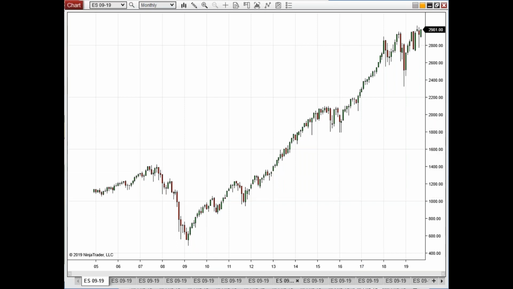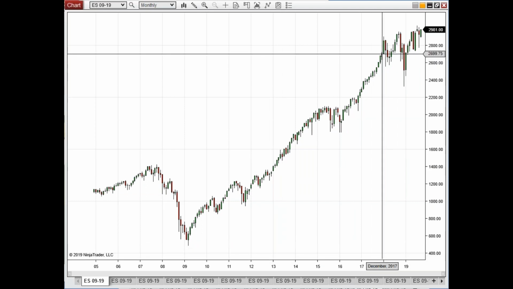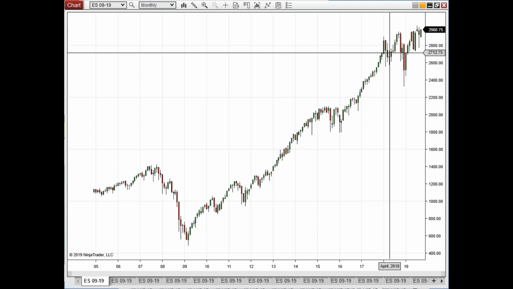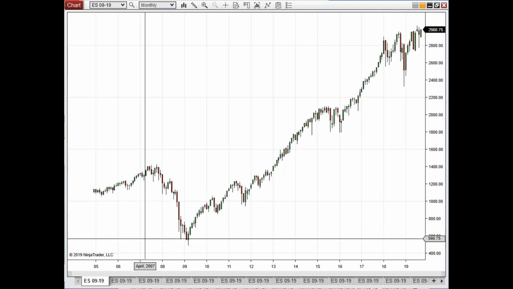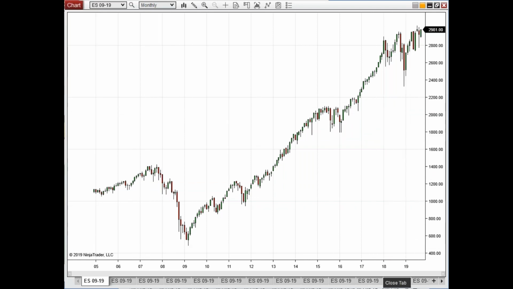So the market that we're in right now is something a lot of traders really hadn't seen, starting January 2018. This market is pretty rare for a lot of traders to trade in, but it's actually not that rare historically. When I first started trading, it was typical to see this type of action.